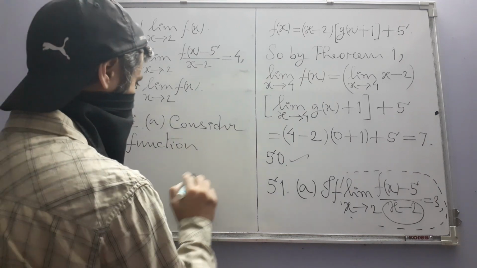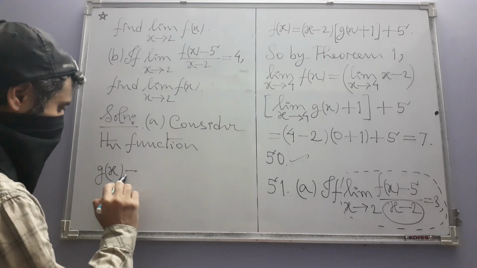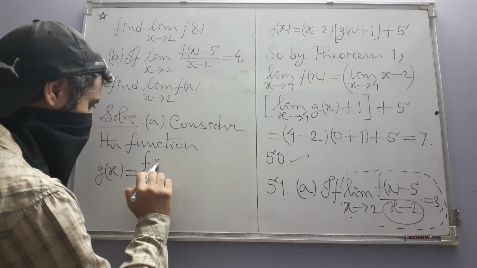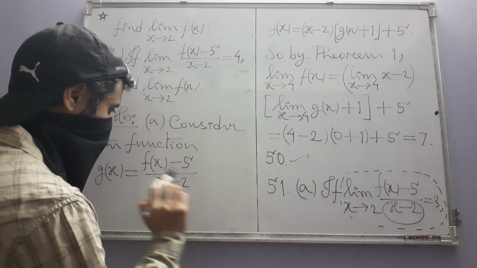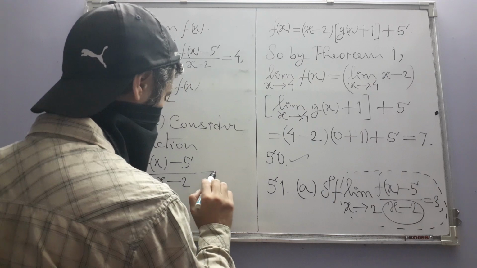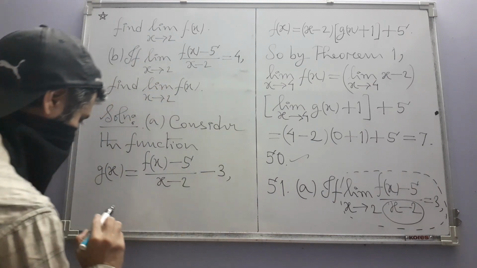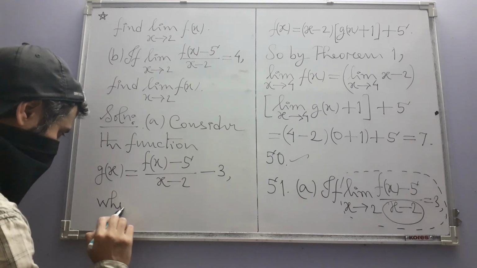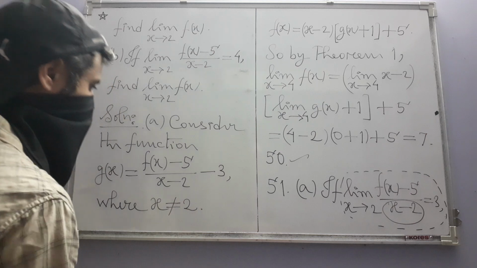Okay, so consider the function again, g of x equals (f of x minus 5) over (x minus 2) minus 3, where you need to mention this at first: x is any real number except 2.